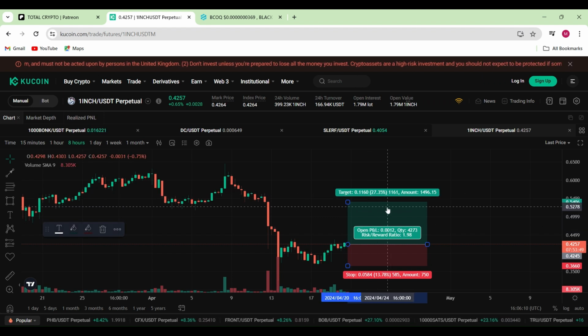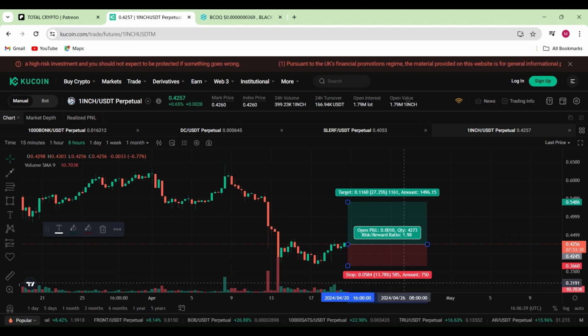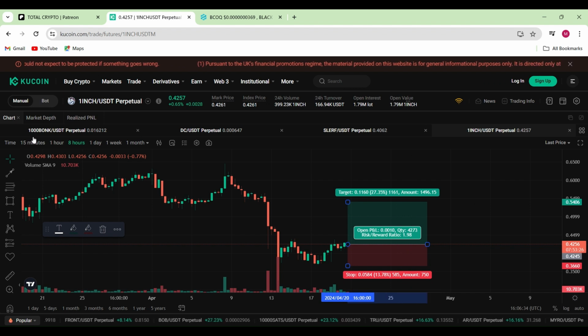With leverage, 3 times 27, that is 81%. Yep, 81% up, 39% down. So let's remember that, guys. For this video, we're going to do a 3x leverage on all these coins.